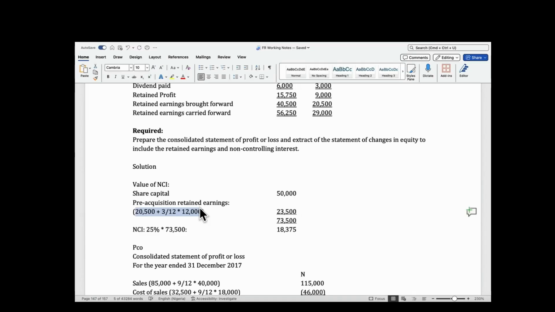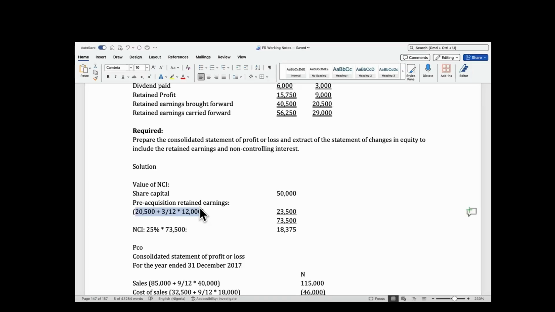That's the pre-acquisition. You have forgotten, you can't link what we did in SOFP with this. It's the same thing. This is just the pre-acquisition as at the date of acquisition. We usually eliminate it against it when you're doing goodwill.